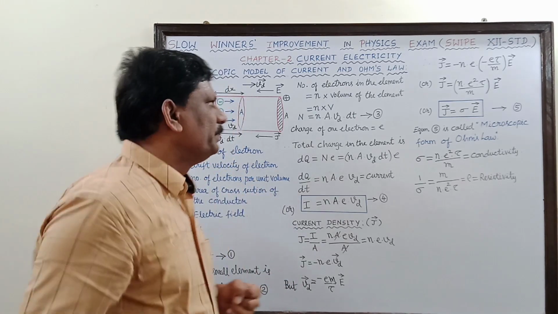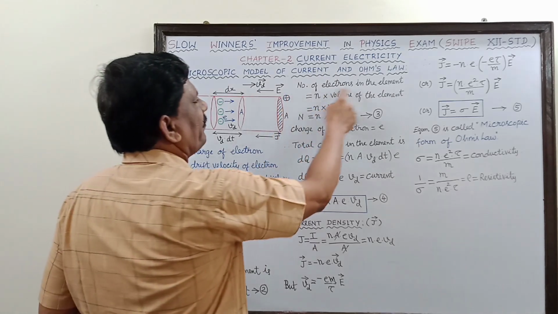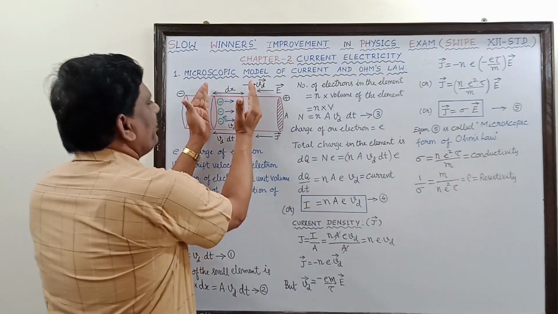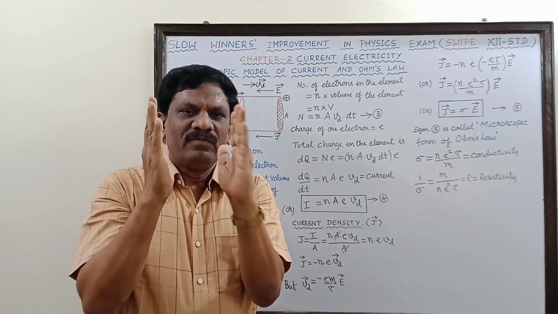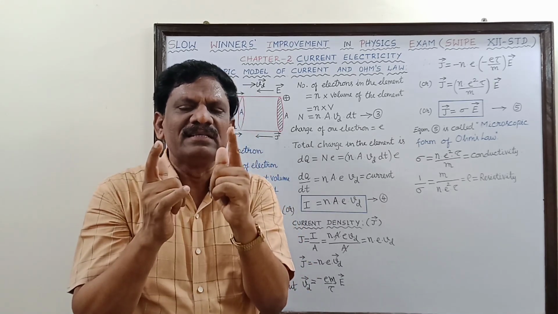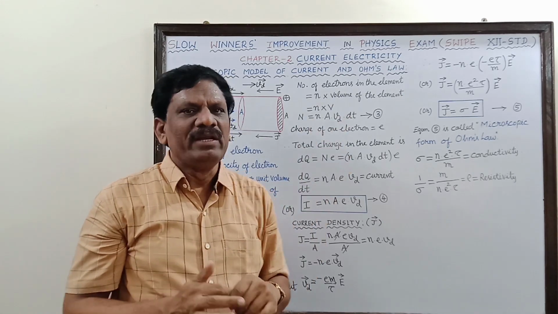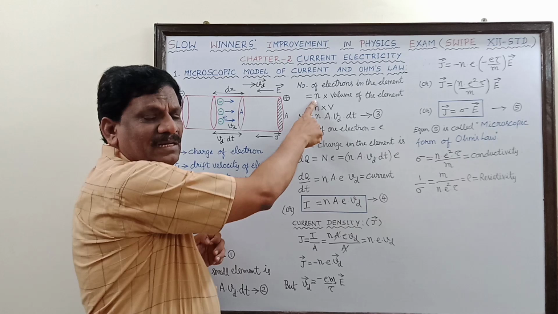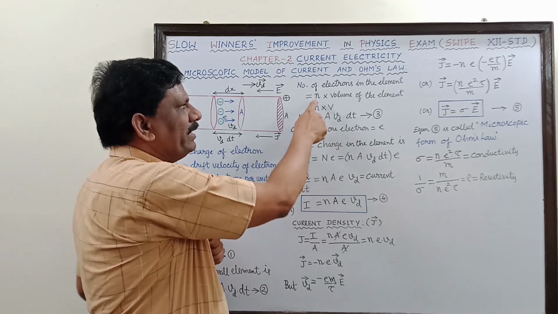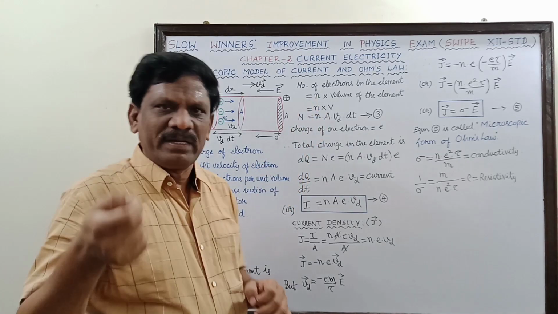Now, what is the number of electrons in the small element? In this small element, how many electrons are present? What is the symbol for the number of electrons in the total volume? That is small n, is it not? Small n is the number of electrons per unit volume.